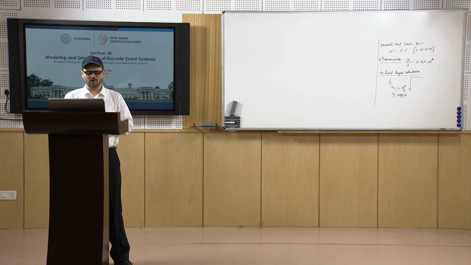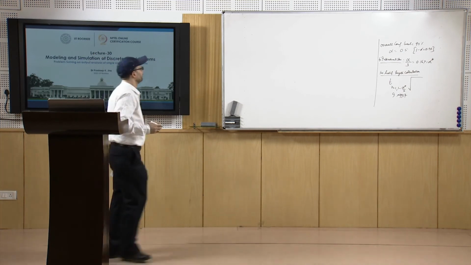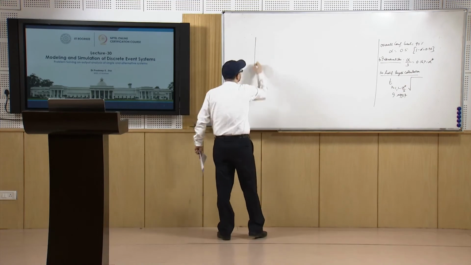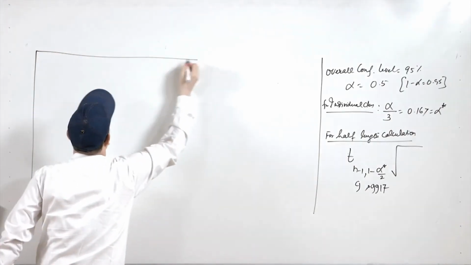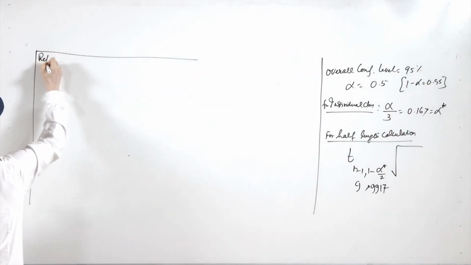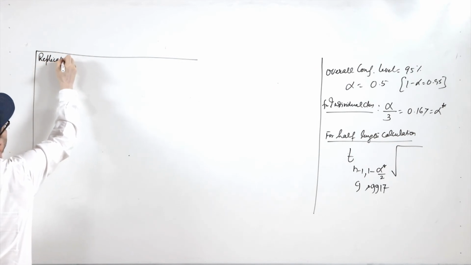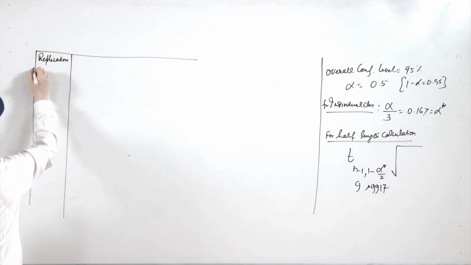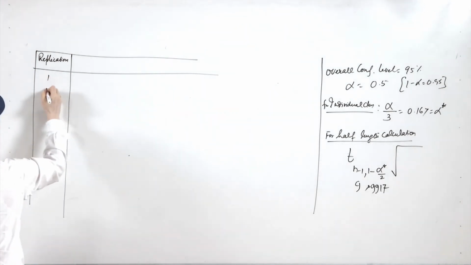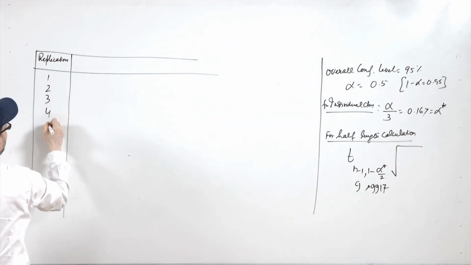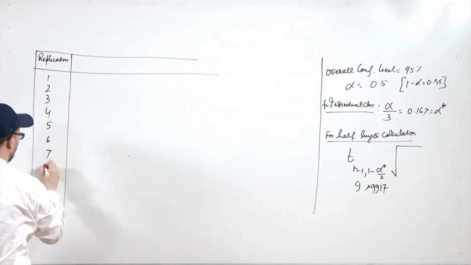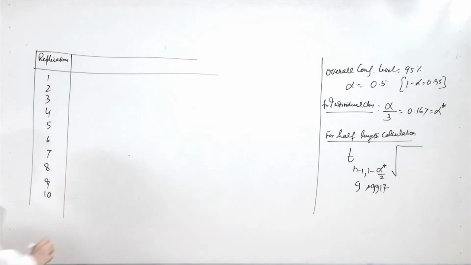First of all we will have the table prepared. So, we have the replication, we have 1 to 10. So, 1, 2, 3, 4, 5, 6, 7, 8, 9 and 10. Suppose we get 1 minus 2.